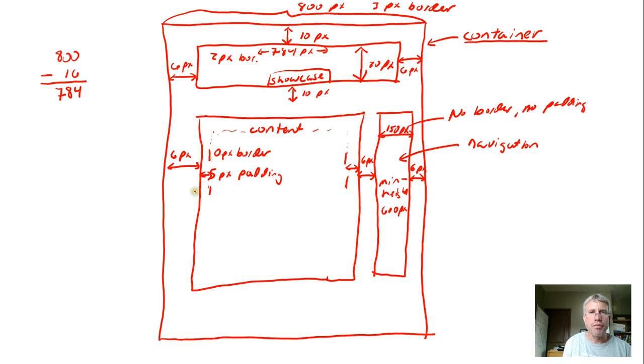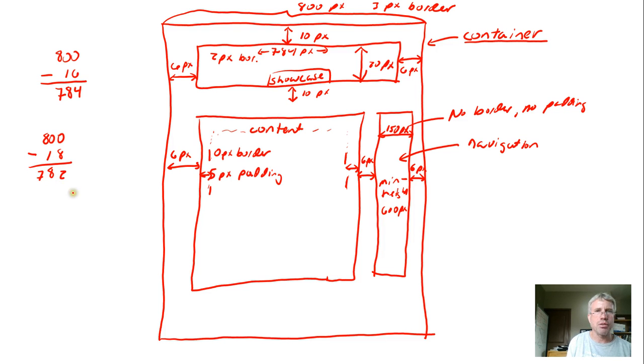I need to figure out how wide to make this guy now. So I know I have 800 pixels of space side to side. Minus, I'm going to have 6 pixels of margin, 6 pixels of margin, 6 pixels of margin. So minus 18 pixels is going to be 782.